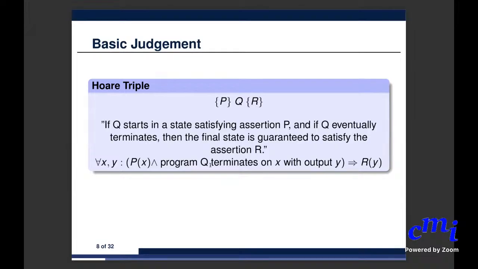Or if the program does not terminate, in those two cases this is vacuously true, regardless of what R is. You can have a similar Hoare triple that captures total correctness. Since we are introducing Hoare logic for partial correctness today, this is the atomic formula of Hoare logic. Any questions here?